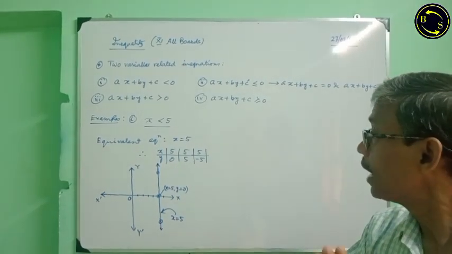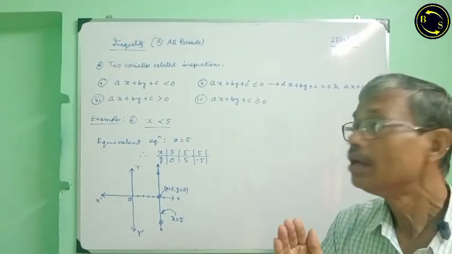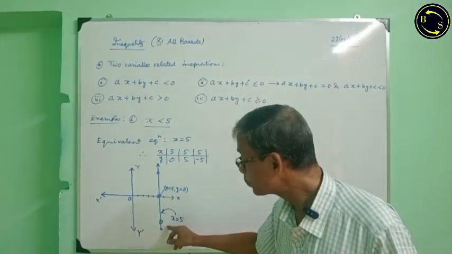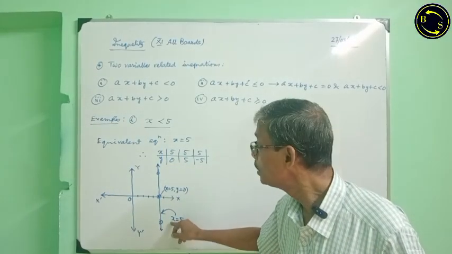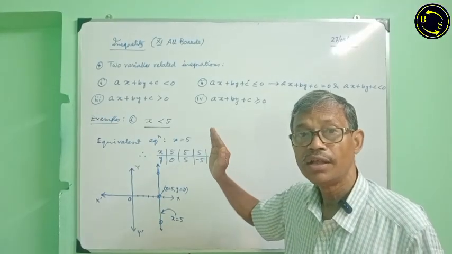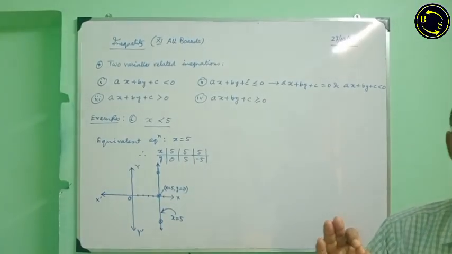You try to understand how we determine the plane divided by the straight line which is representing the equation x equal to 5. You take a point which is not lying on the straight line.